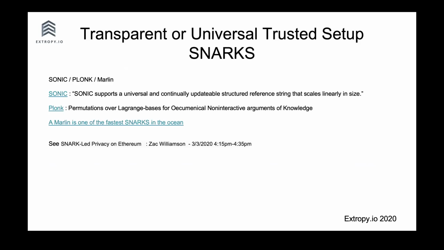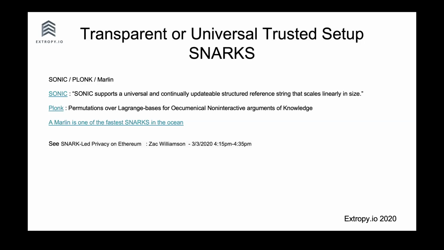Partway to that idea of having no setup, we've got some recent advances in some new algorithms such as Sonic and Plonk. Plonk is the one that is used by Aztec. It was invented by them. And the idea behind these is that the setup can be reused.